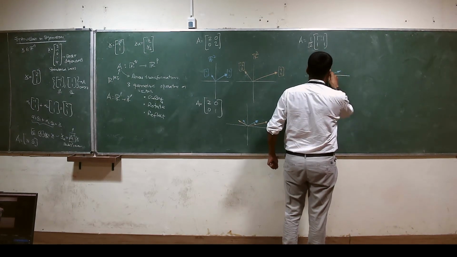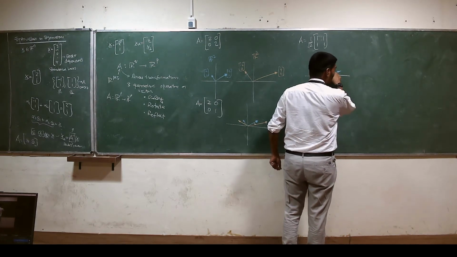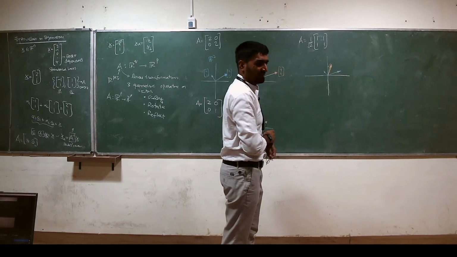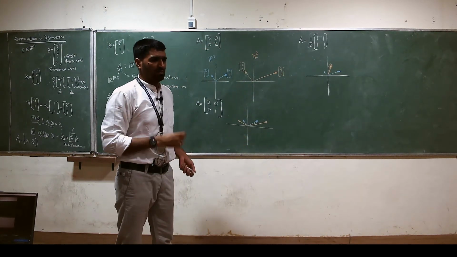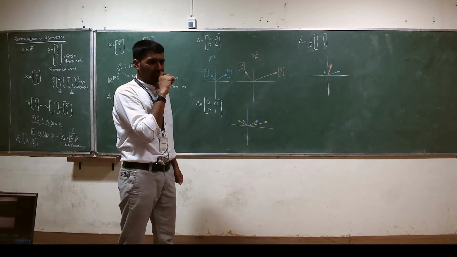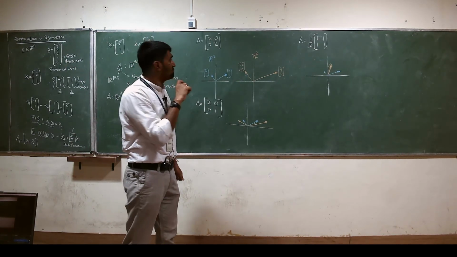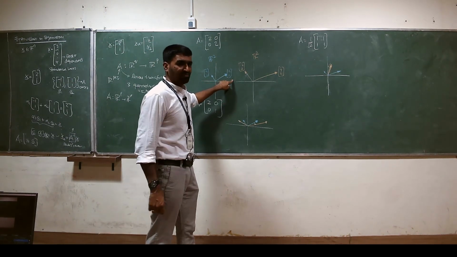That will be somewhere here, roughly. And what is the length of this vector? 2 norm. What is the 2 norm of this vector? What is the 2 norm of the original vector? 2, 1. Root 5.